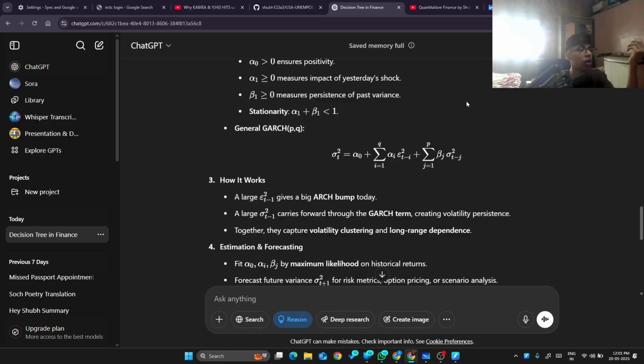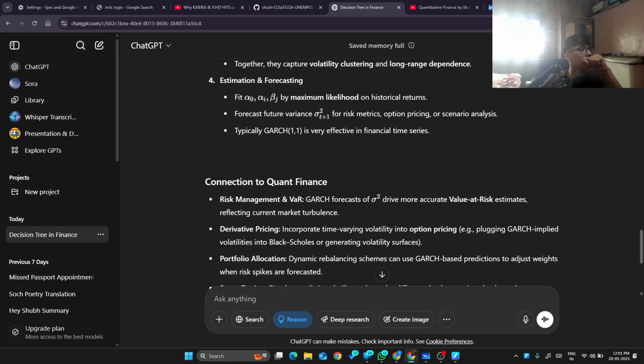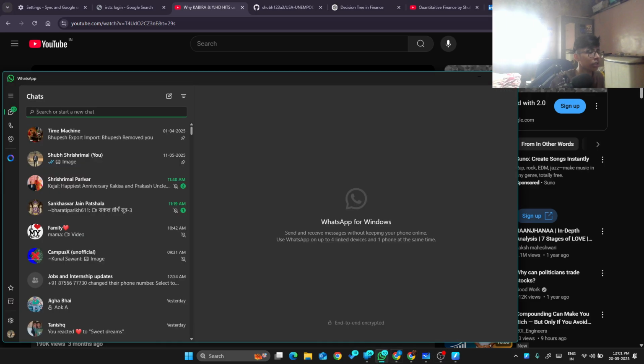Together we capture the volatility clustering and long term dependence of the ARCH model, and we estimate it by maximum likelihood on historical data. That is a statistical term where we put a random value and we optimize, finding where the probability is maximum. Just that. Okay, and the weights. I told you beta is a decay rate.